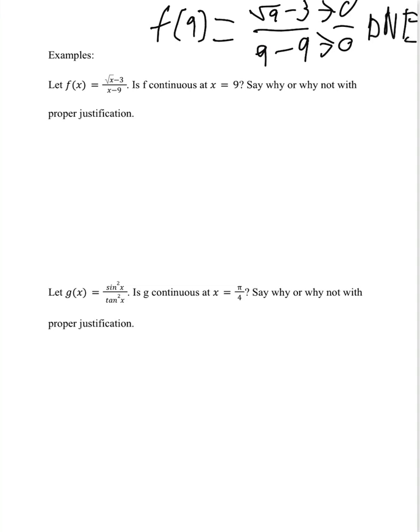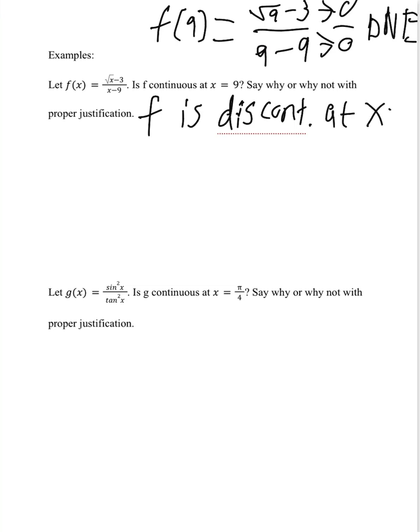So we could be done right there. We could really be done right there and say at x equals 9, f is discontinuous. I'm just going to write discont because I want more room.